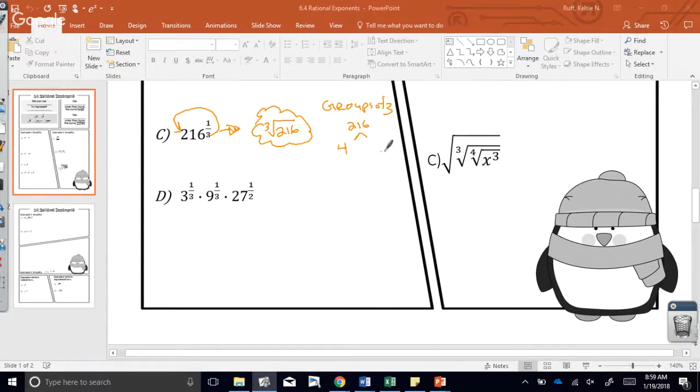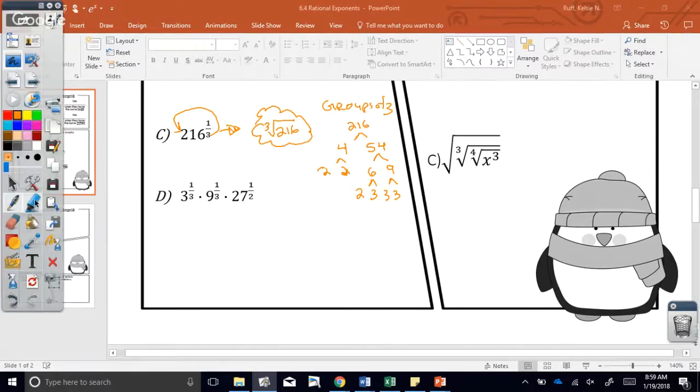First thing I notice is that 4 goes into 216, so we've got 4 times 54. Okay, 4 is the same as 2 times 2. 54 is the same as 6 times 9, 6 the same as 2 times 3, and 9 is the same as 3 times 3.